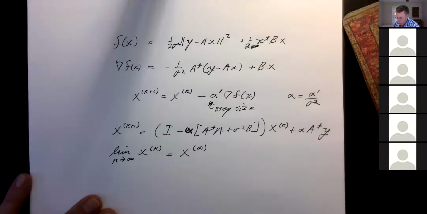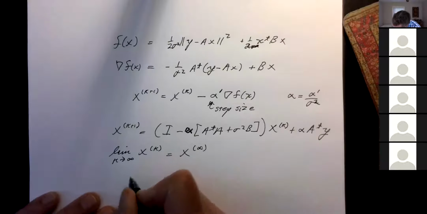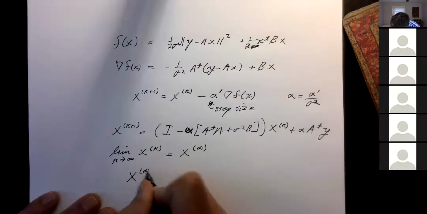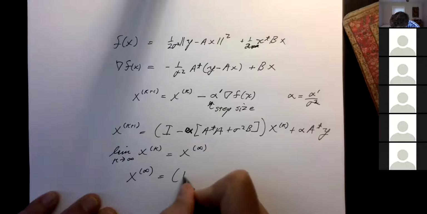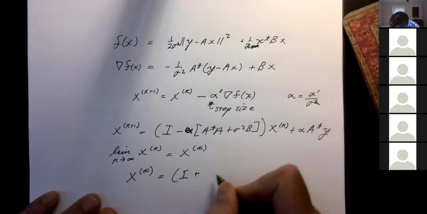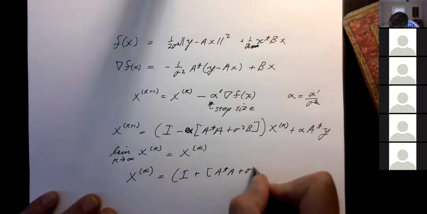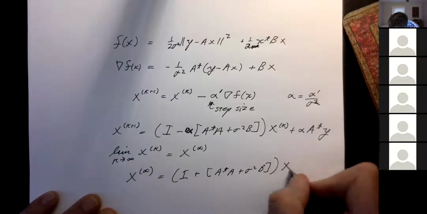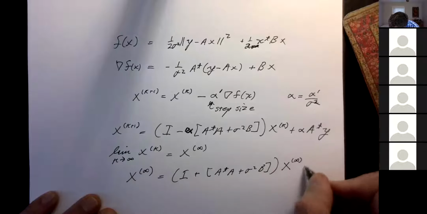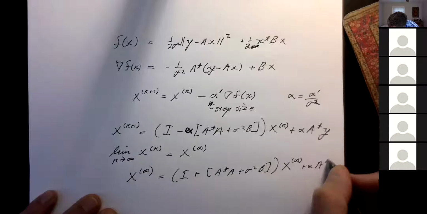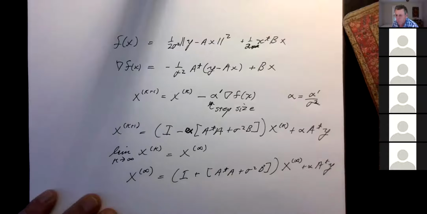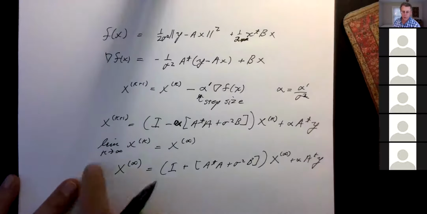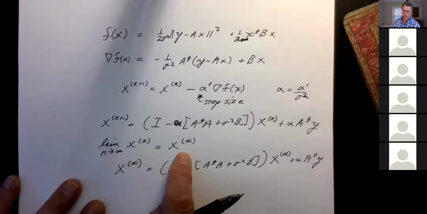So you'll have that x infinity is equal to I minus alpha times (A transpose A plus sigma squared B), times x infinity, plus alpha A transpose y. This is assuming that it reaches a steady state.